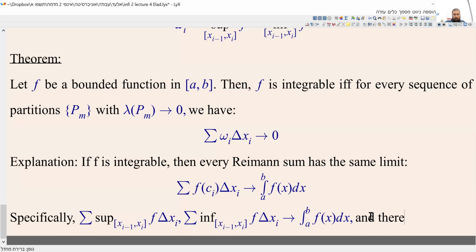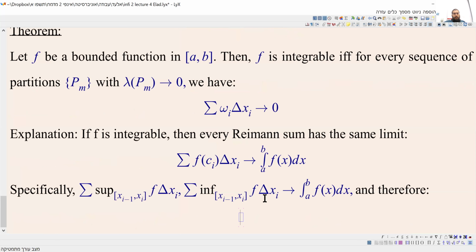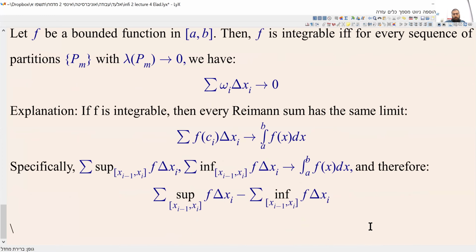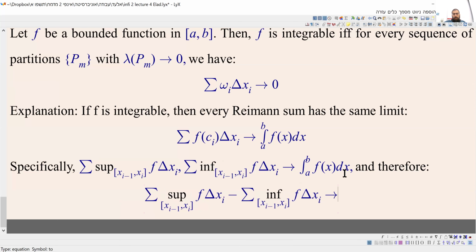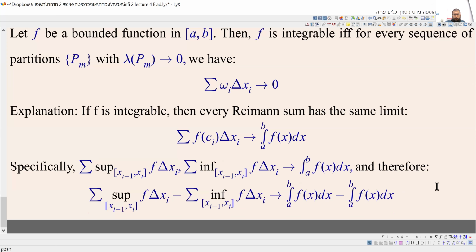Therefore, if they go to the same limit, the difference goes to 0. Integral minus integral, which is 0.